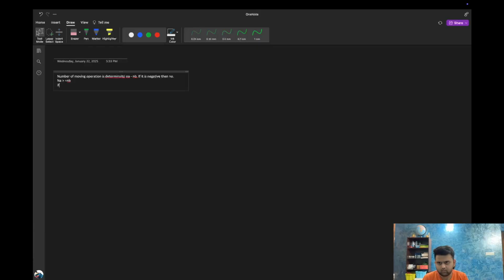So na greater than or equal to nb. Now if I have to increase it, I should start matching from the smallest, because I can't change the smallest there.